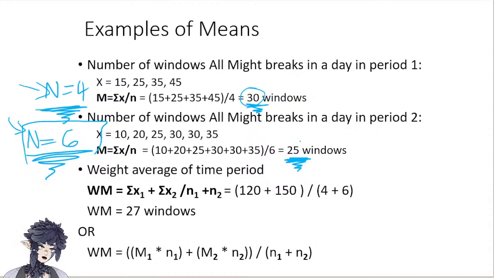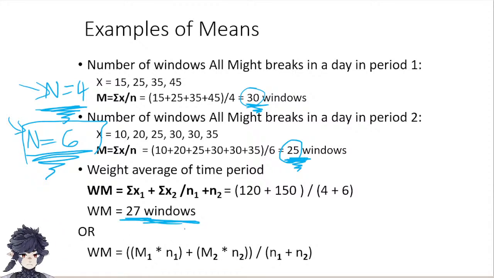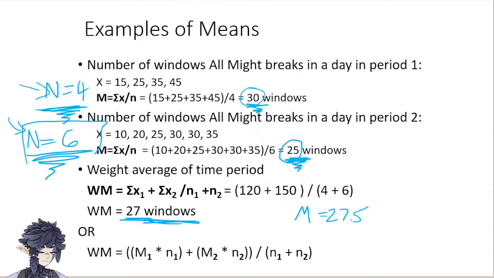We just want to make sure that the average that was based on more data, in other words, the average that was based on 6 days, has a bit more say in the final outcome than the average that was only based on 4 days. So when we combine them using the weighted mean, we get a number that's a little closer to the 6 days than the 4 days. If I had just averaged the 30 and 25 together, so a plain mean of the two, I would have gotten 27.5, exactly in the middle of 30 and 25.